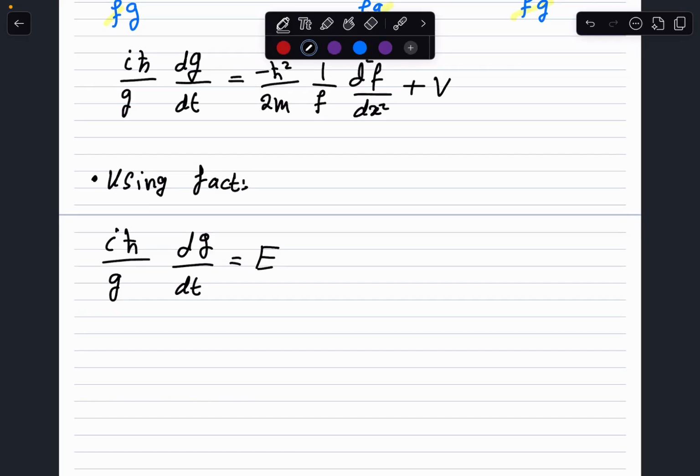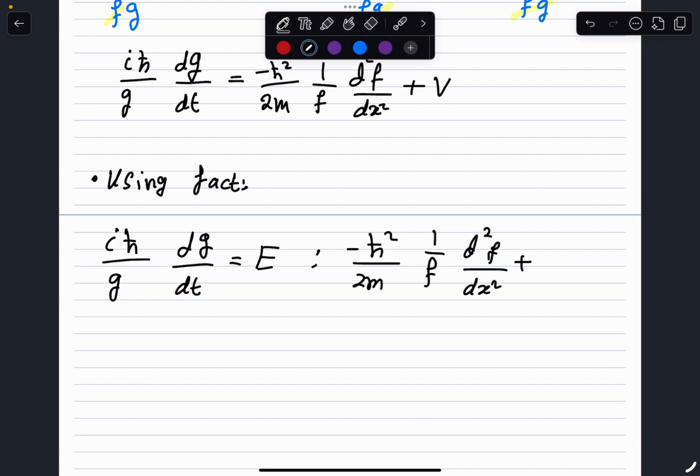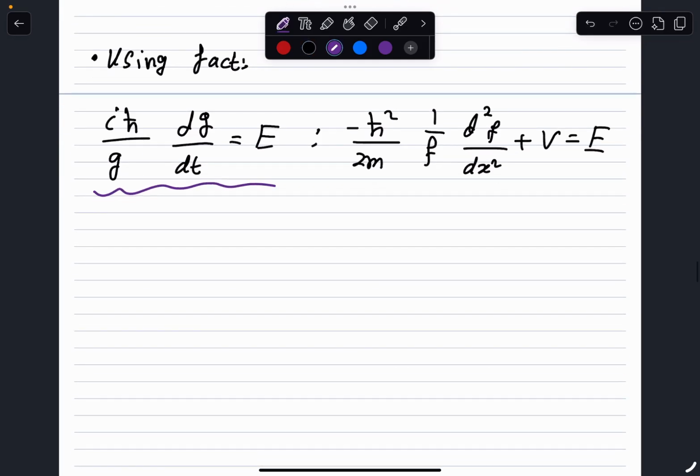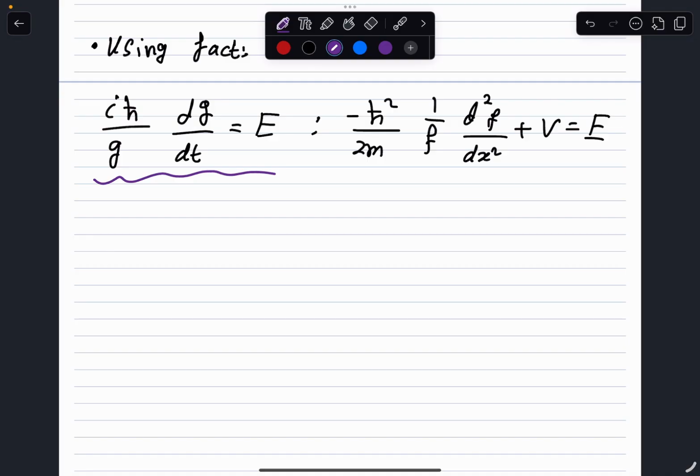So this is the first ordinary differential equation, and the second ordinary differential equation is minus h bar squared over 2m times 1 over f, d squared f over dx squared, plus v, is equal to e. Now let's start with the first differential equation. If we rewrite it, it becomes dg over g equals e over i h bar times dt.